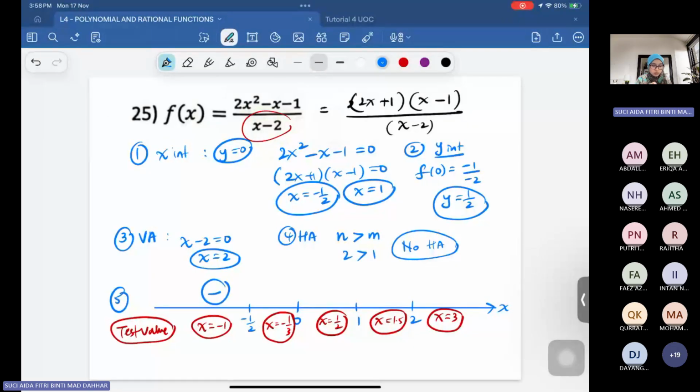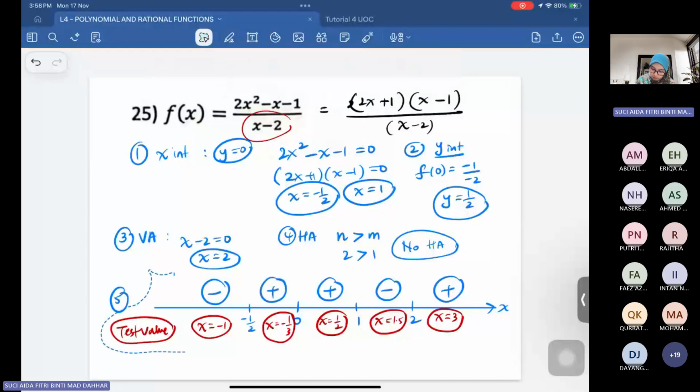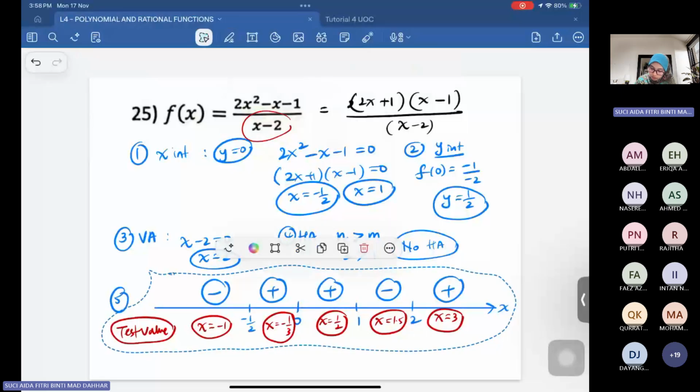X equals to negative 1 over 3 gives me positive. Positive half is positive. Positive 1.5 is negative. And lastly, positive 3 is positive. So now I'm going to take this to the next page and be ready to sketch them.